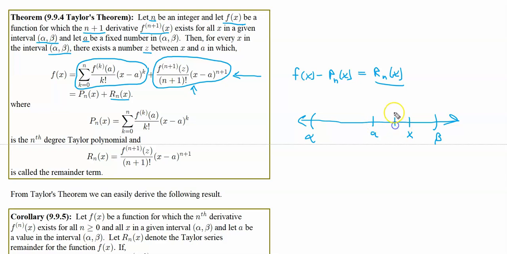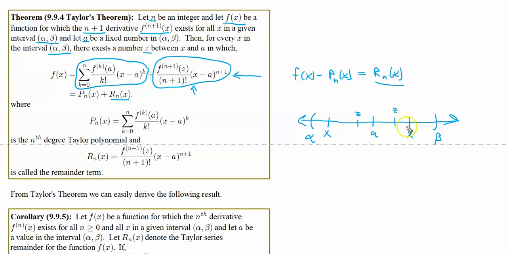So it's somewhere in between those two numbers, we just don't know where. So this is your point about which you expand your Taylor polynomial. Then x is just supposed to lie anywhere in this interval. And the z is always going to be between x and a. So if x is over here, then the z would be in here somewhere.